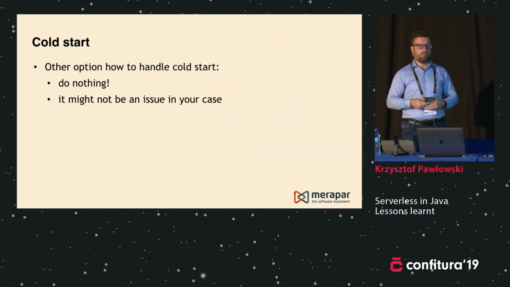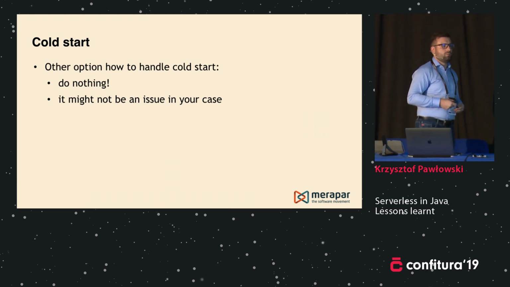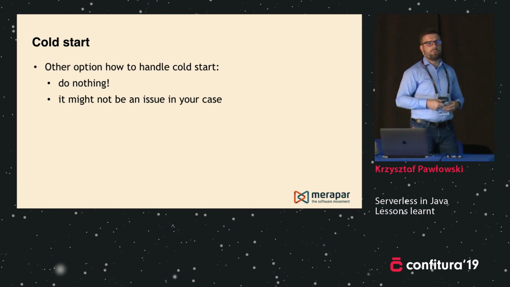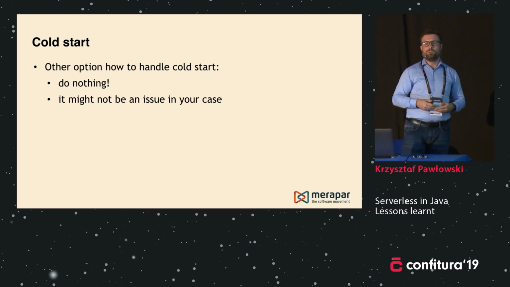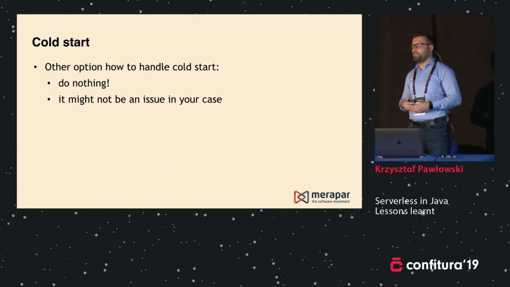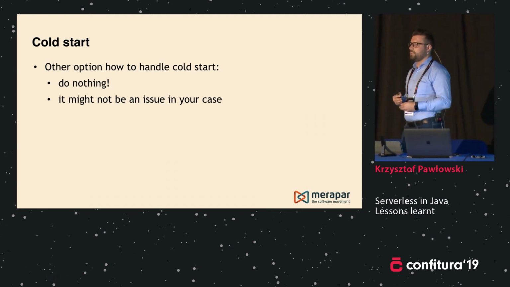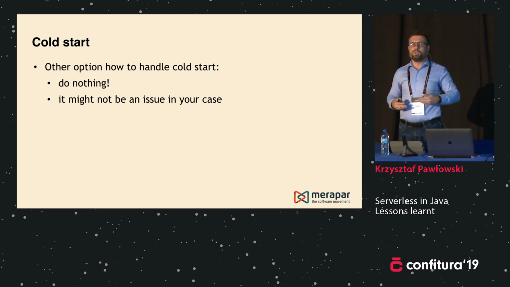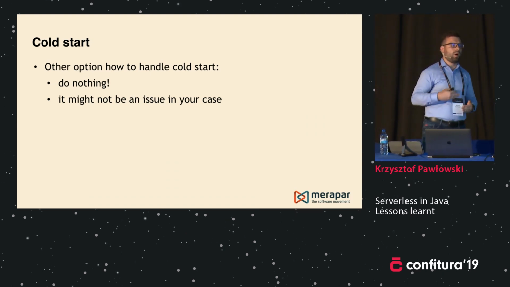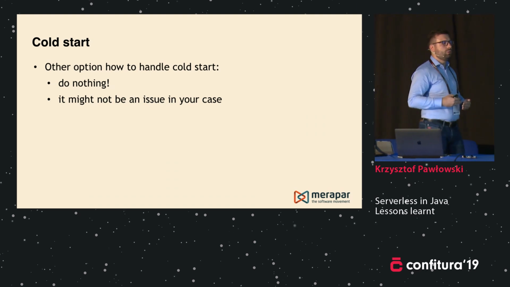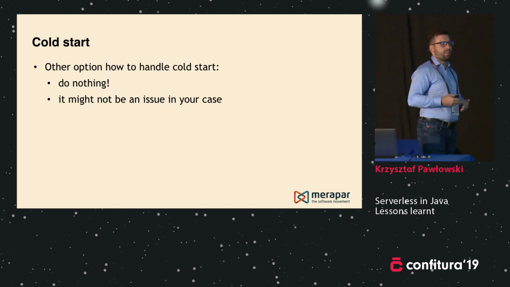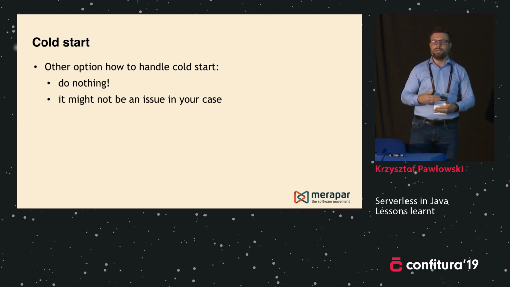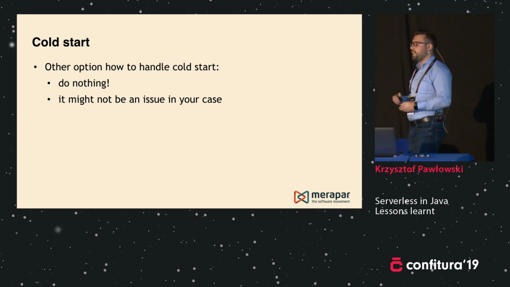Another option for handling the cold start is simply to do nothing. As I said, we had to rewrite one Lambda function because this endpoint had to have low latency. But for the others, because the migration was anyway quite a long process, we didn't need to care about the latency, especially since this latency wouldn't be experienced by every user every time.